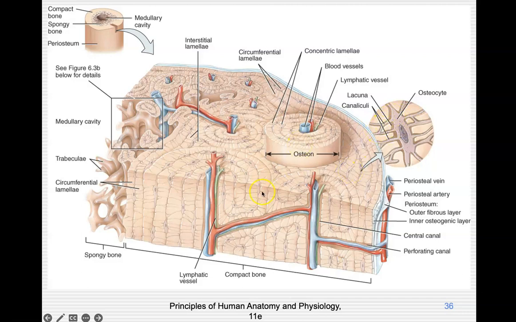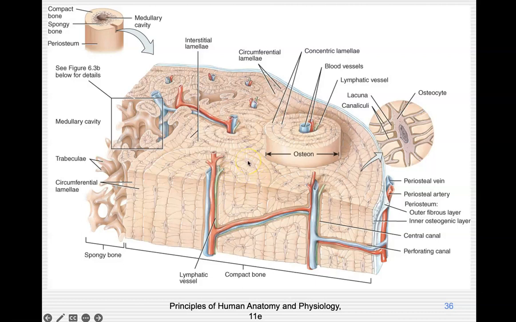And so here you can see these osteocytes, as they transfer nutrients from one osteocyte to the next, they'll do it through these canaliculi. So here, this cell will gather nutrients from that central canal, from the blood vessels in the central canal, and then it will pass them on to this osteocyte through the canaliculi, and then this osteocyte will pass them on to this osteocyte through the canaliculi, and so on.